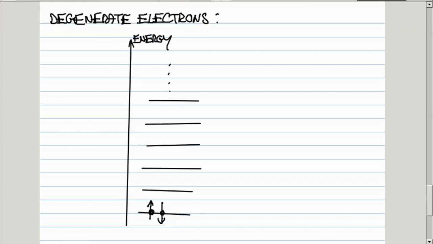I cannot put more electrons into this single energy level, only 2, because they have different spins. And then I keep on going. In the degenerate electron gas, you have this sort of situation where the levels are successively occupied by 2 electrons.